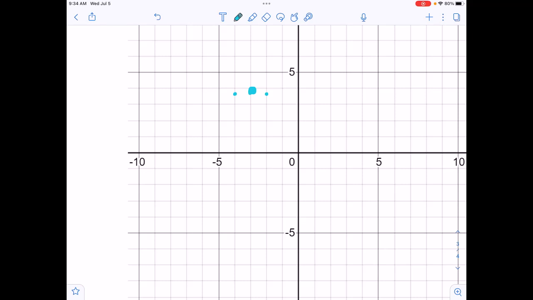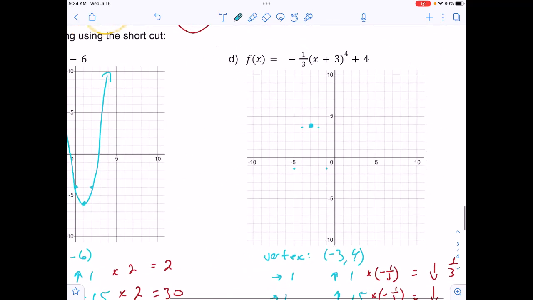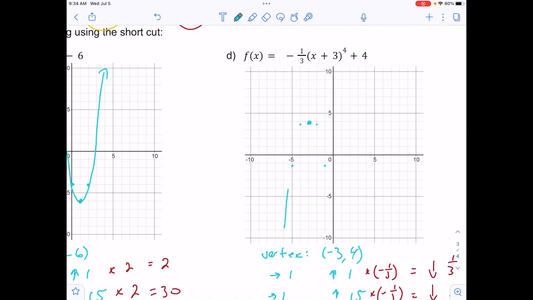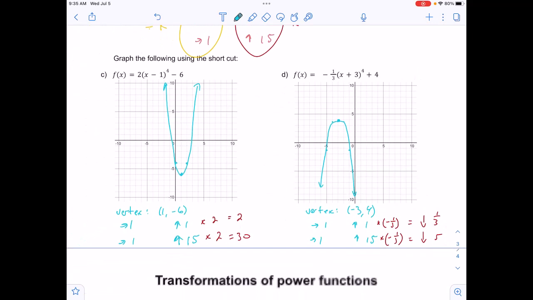So I'll end up about here. Ish, because that third is sort of hard to show. All right, now connect the dots to try and make some kind of, oh, that was not very good. We do our best. It looks like an even degree function.